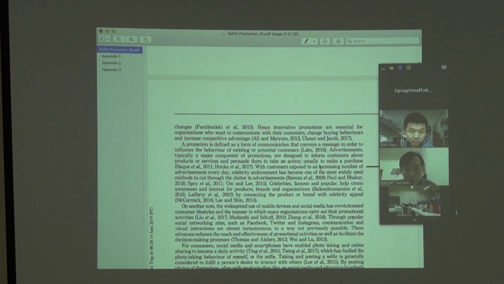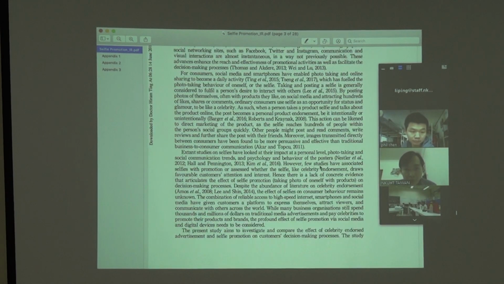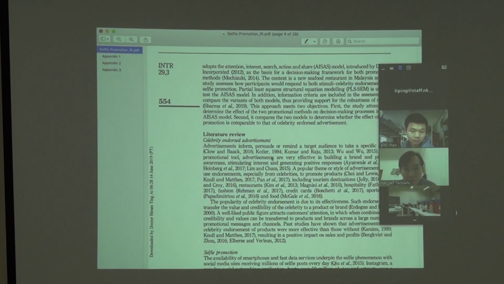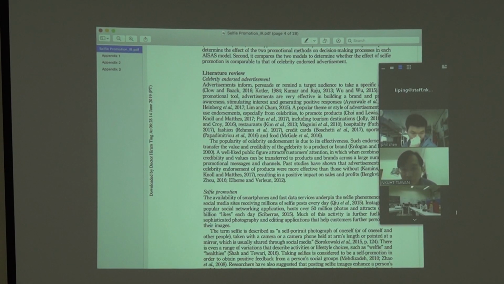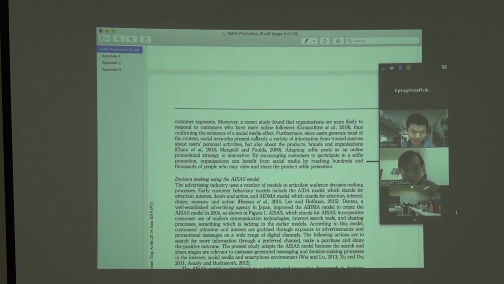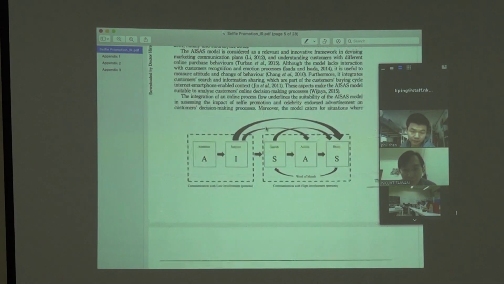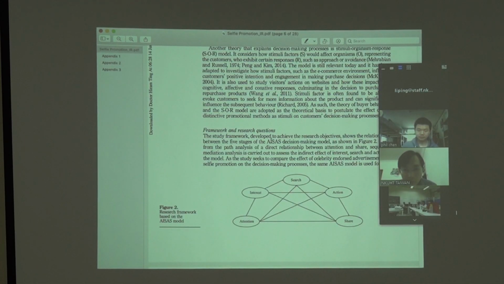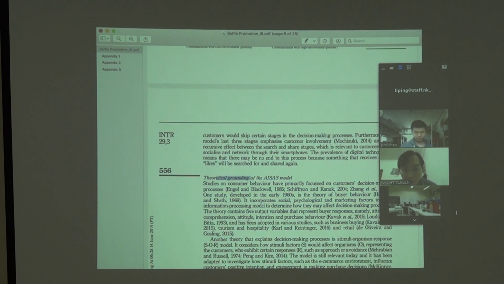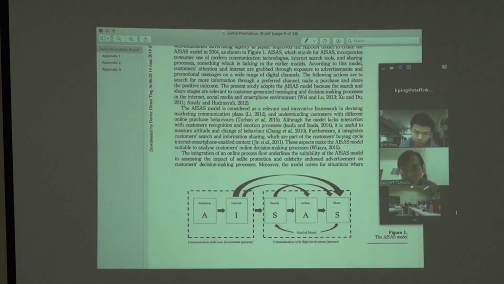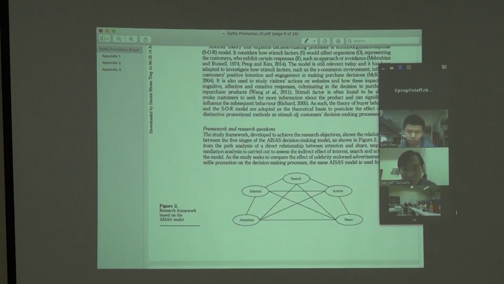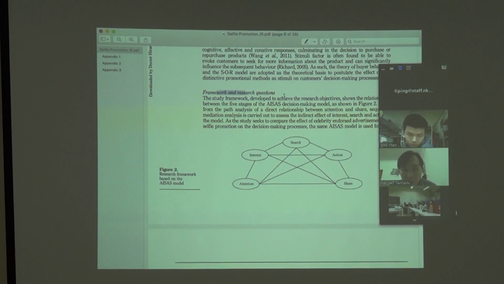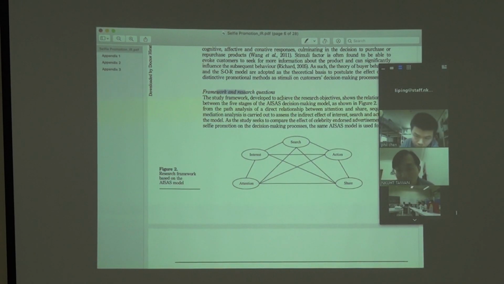So, literature review, for example, we talk about all the variables, and we talk about the theory. Then from theory and from past literature, we come up with our framework, and as I told you, in this particular paper, we don't have hypotheses.